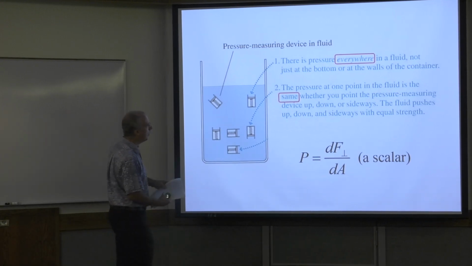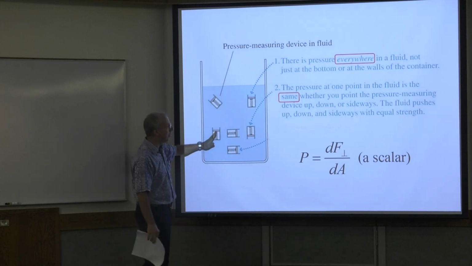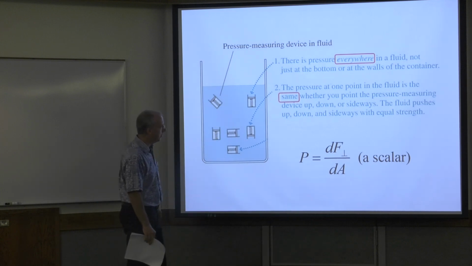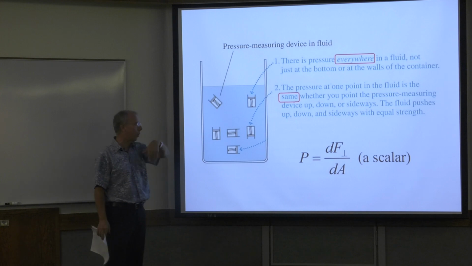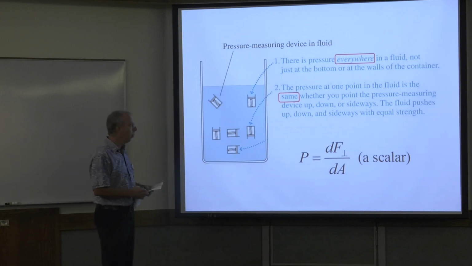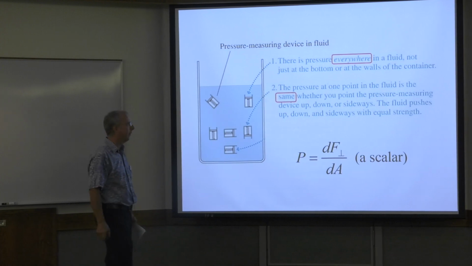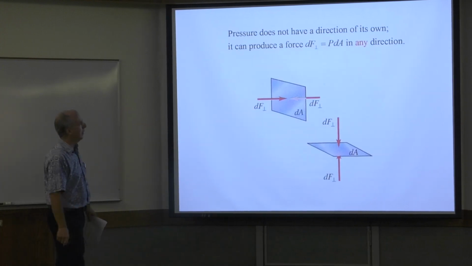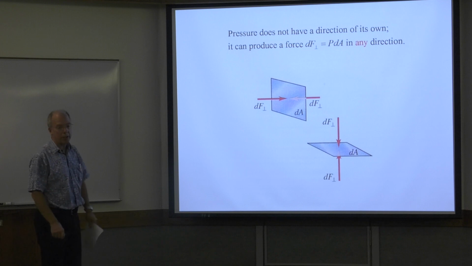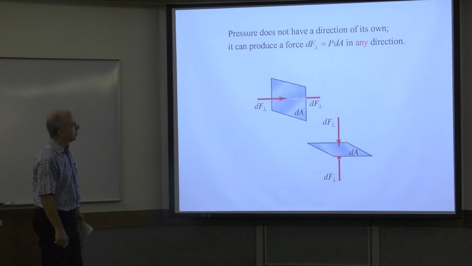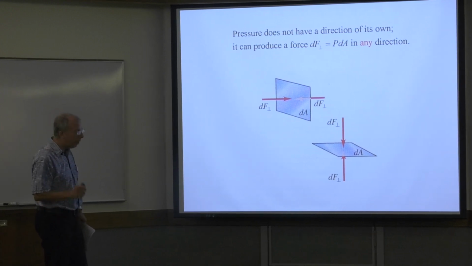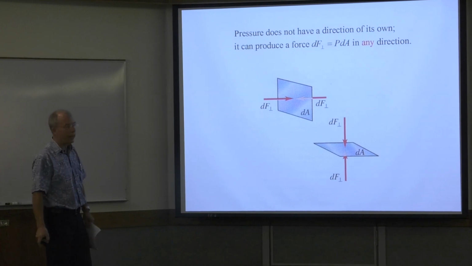The pressure at one point in the fluid is the same, whether you point the pressure measuring device up, down, sideways, whatever. The fluid pushes up, down, and sideways with equal strength. Okay, remember, pressure doesn't have a direction of its own. It produces a force dF perpendicular, which equals PdA, in any direction.